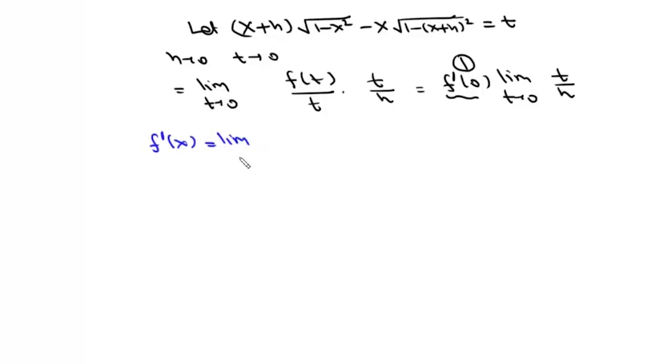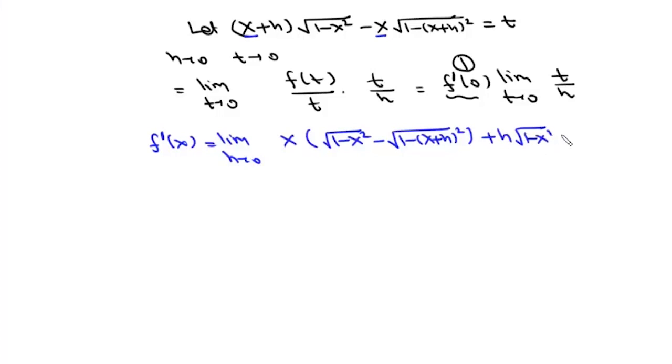limit h tends to 0, and here we'll take x together and h together. So it will be this x into under root of 1 minus x square minus under root of 1 minus (x plus h) whole square, and plus h into under root of 1 minus x square, whole divided by h. Now in this part h and h will cancel.